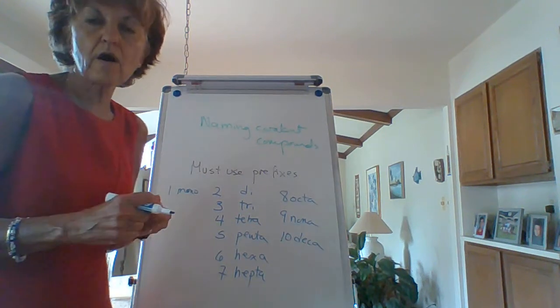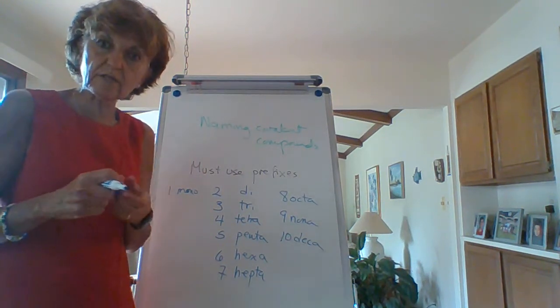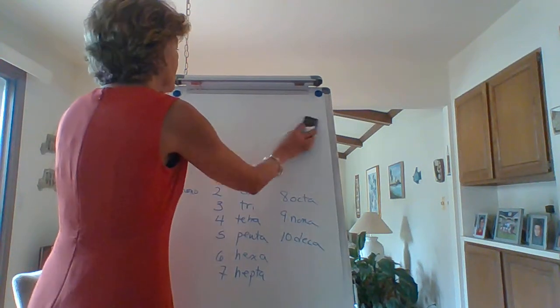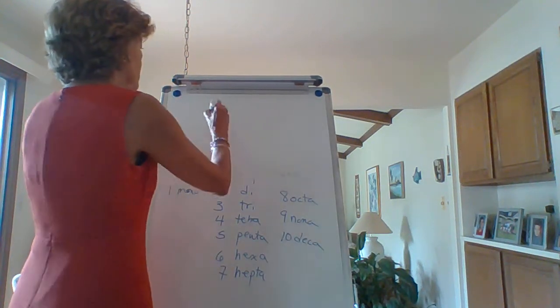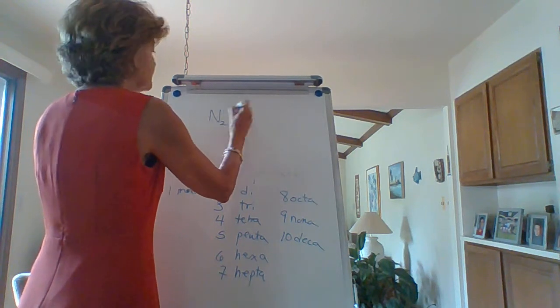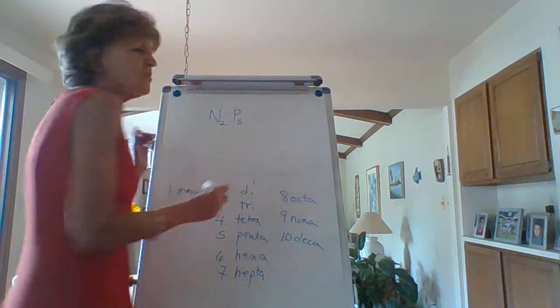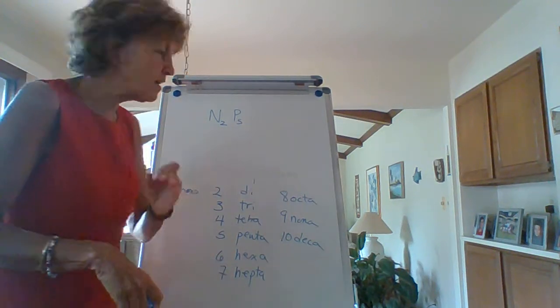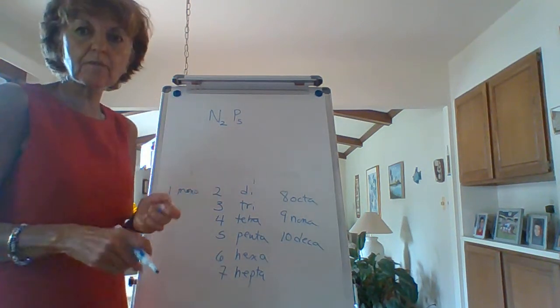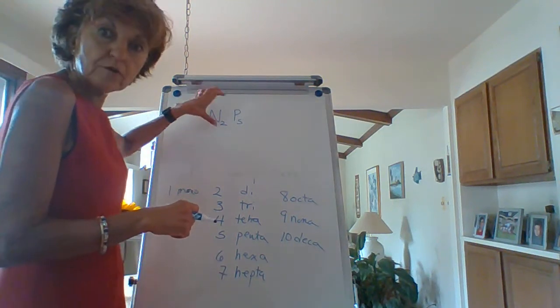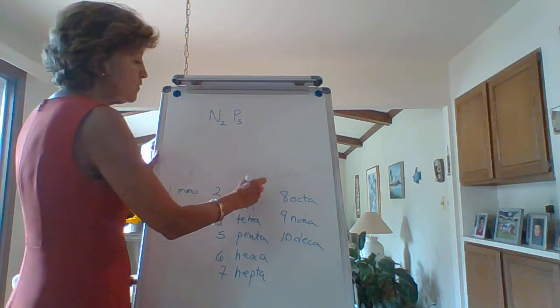You only use mono if it's for the second element. And I'll show you what I'm talking about. Let's say you have this. I'm making it up. There is no such molecule, but I'm making it up. For this, you would have to give the full name of the first element and then use the prefix di.